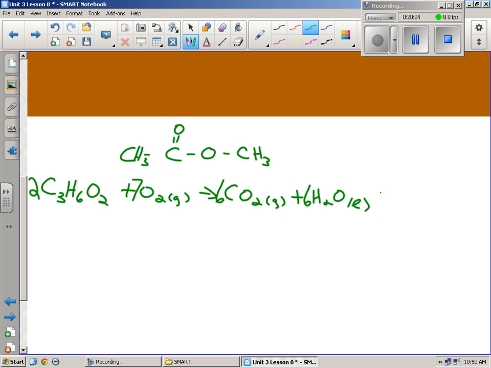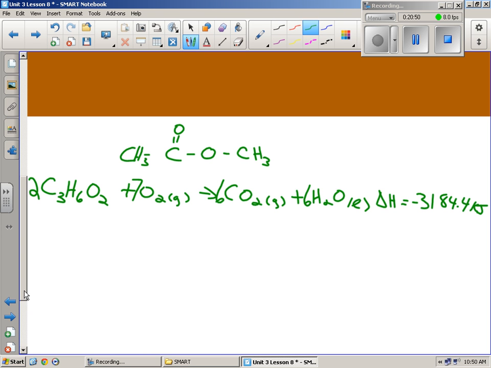If I wanted to write out a balanced chemical equation based on this, I would have negative 1592.2 times 2. So this right here would be a negative 3184.4 kilojoules. That would be my balanced thermochemical equation.